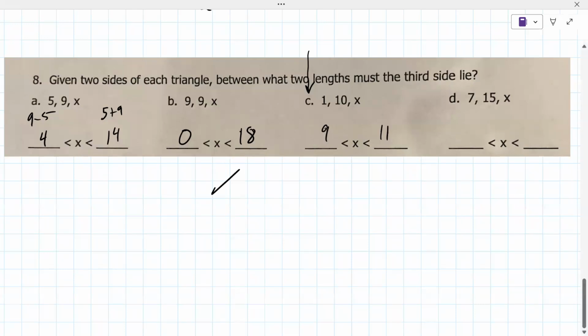Okay. And the last one. 8 and 23. 22. Oh yeah.